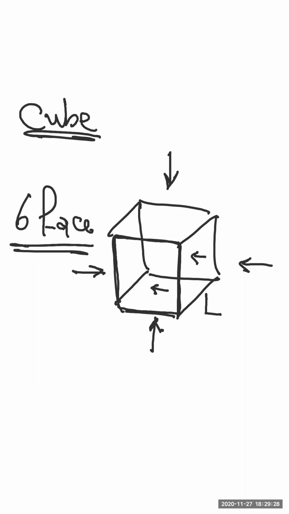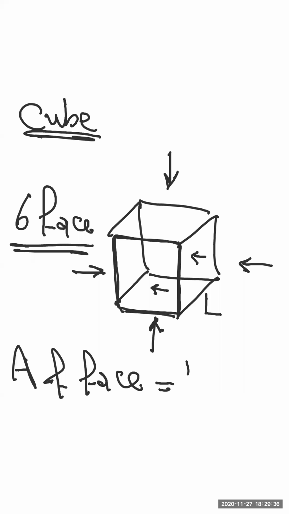If I want to get the area of one face, it's a square, so L times L, so it will equal L squared. Then the lateral area, we said that it will be the area of the consecutive faces. So one from the right, one from the top, one from the left, one from the bottom, so 4 faces.